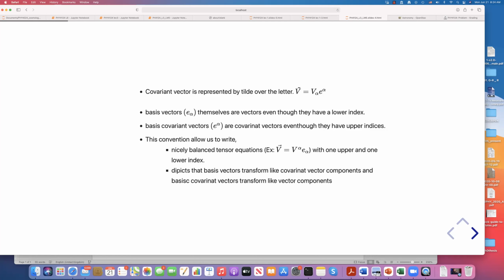For example, when you write vector V, you can write V alpha, E alpha with one upper and one lower index, which will be useful, and you will see why it is useful in future. The second thing is that this depicts that basis vectors transform like covariant vector components, and basis covariant vectors transform like vector components. So I guess you probably would understand it.